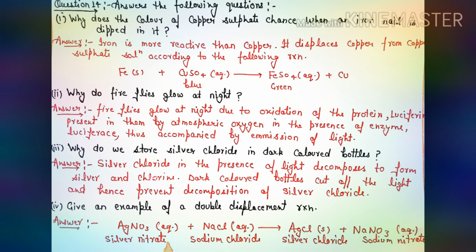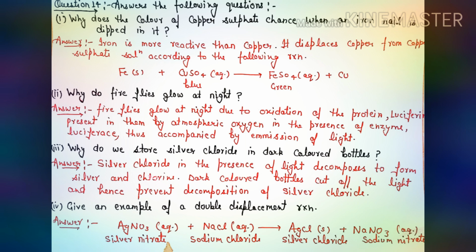Part 2: why do fireflies glow at night? Fireflies glow at night due to oxidation of the protein luciferin present in the fireflies by atmospheric oxygen in the presence of enzyme luciferase, accompanied by emission of light.